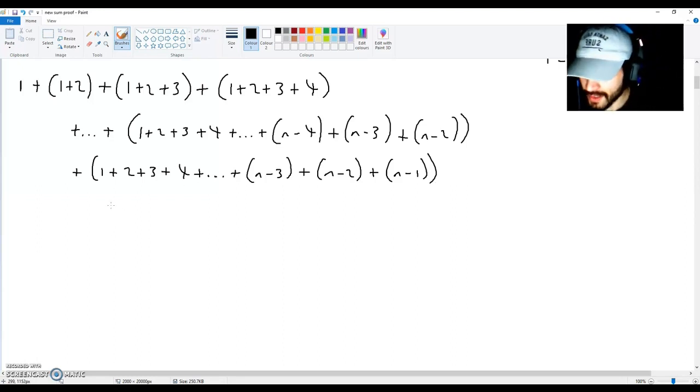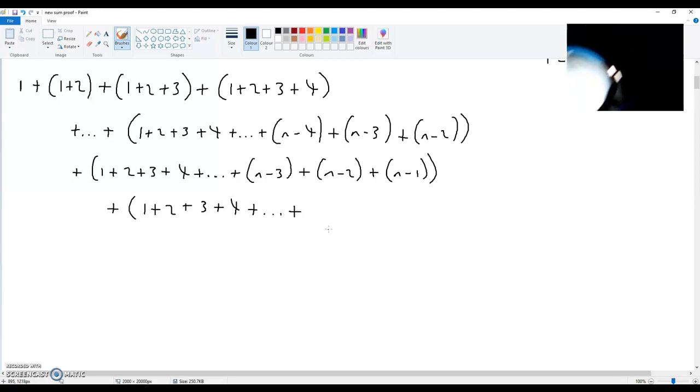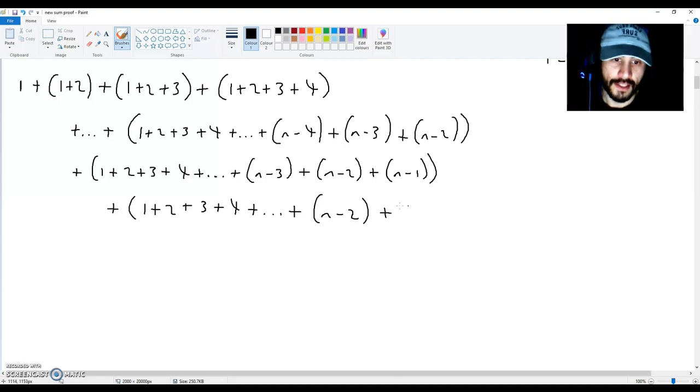What we are also going to get as part of this description, and finally as well, is 1 plus 2 plus 3 plus 4 plus dot dot dot plus n minus 2 plus n minus 1 plus n, all in brackets.